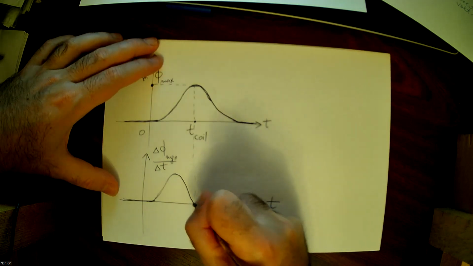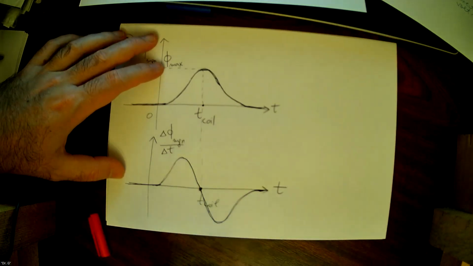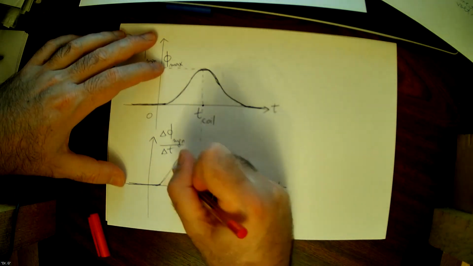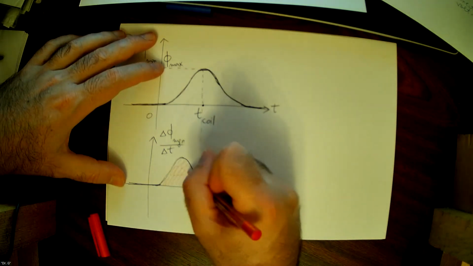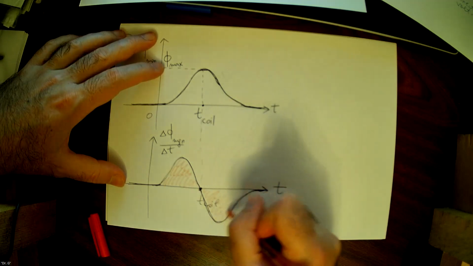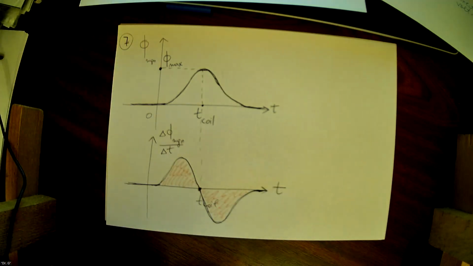Okay, and the question is about these areas. Why are these areas equal?